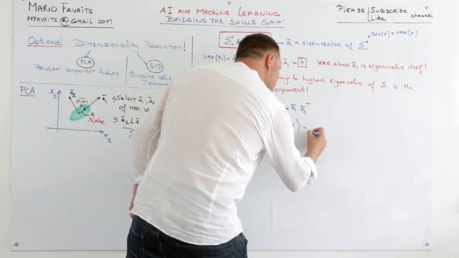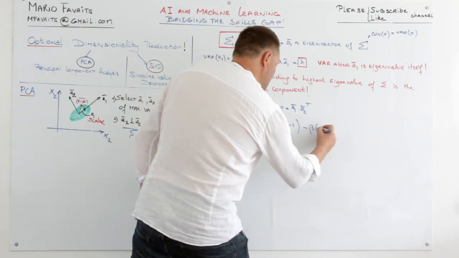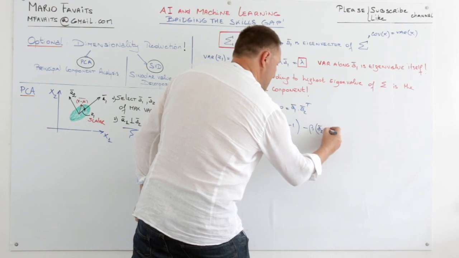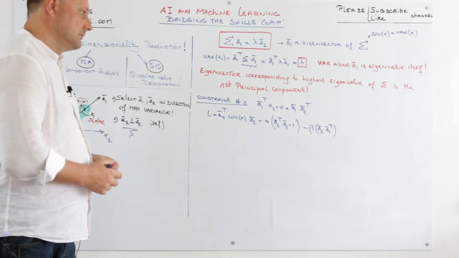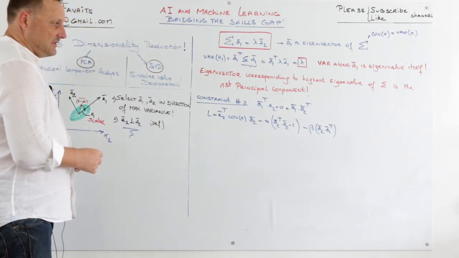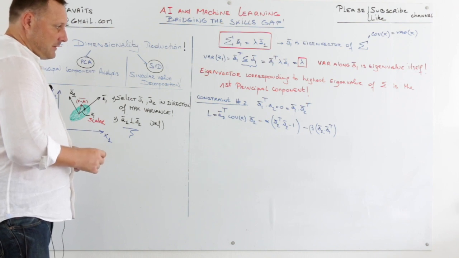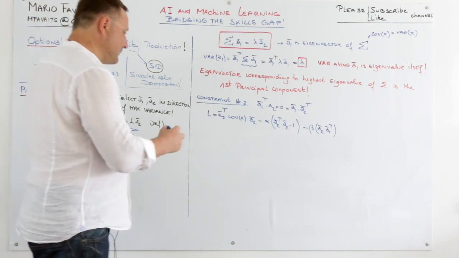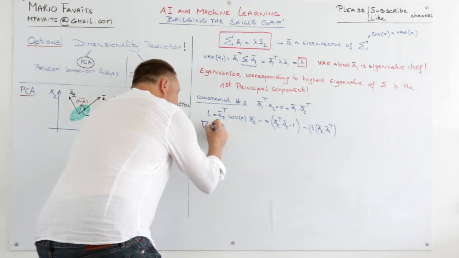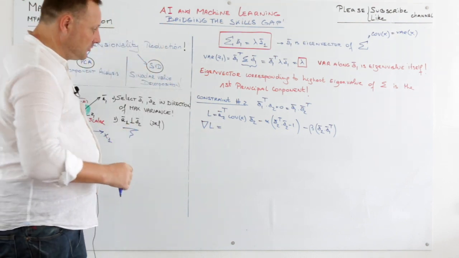It's minus beta A2 times A1 transpose. This is the second constraint. Now we're going to have to take the gradient of the Lagrangian and set it to 0. So the gradient of the Lagrangian, and so we derive with respect to A2.